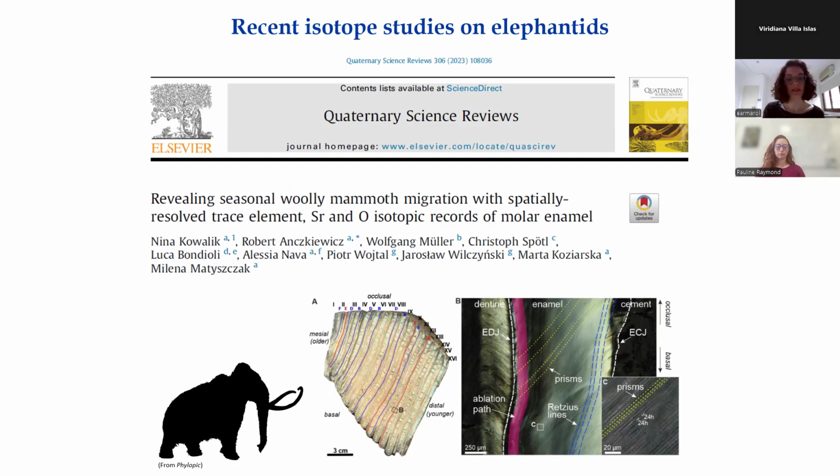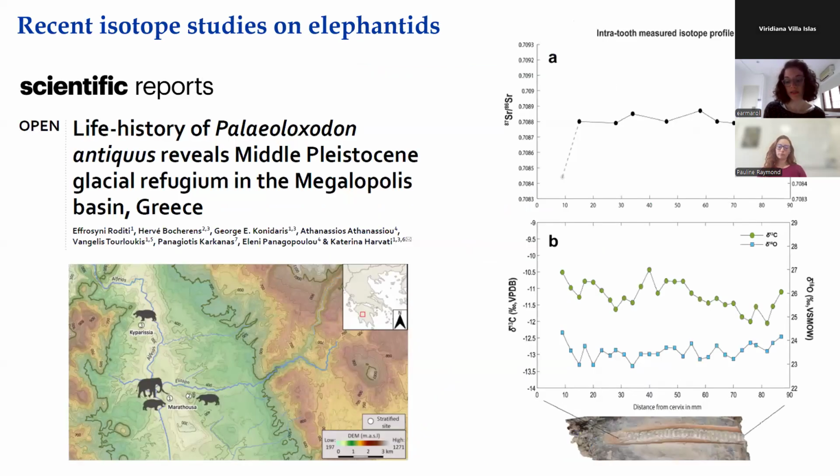They found evidence for migration of mammoth. And we would like to get similar results for our Palaeoloxodon antiquus, because in the literature there is little information on the ecology of the species.